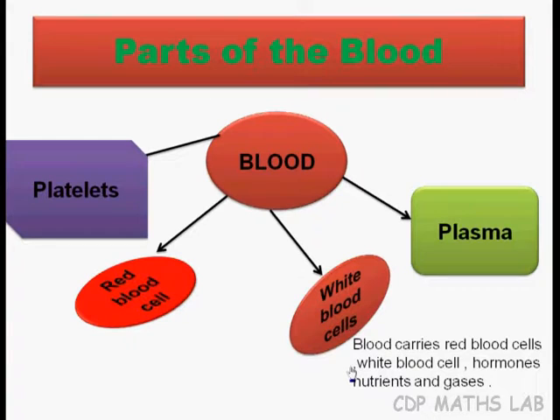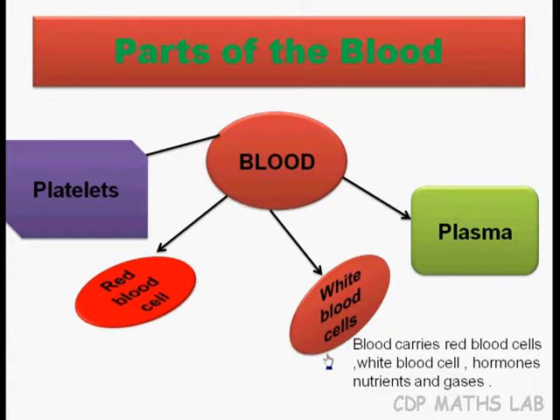Now, did you know that blood carries red blood cells, white blood cells, hormones, nutrients, and gases? So how many substances does the blood carry?